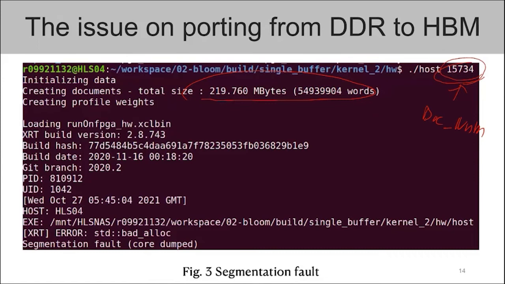DDR0, which means the first bank, is 16 gigabytes by default, and in our case, HBM is only 256 megabytes.